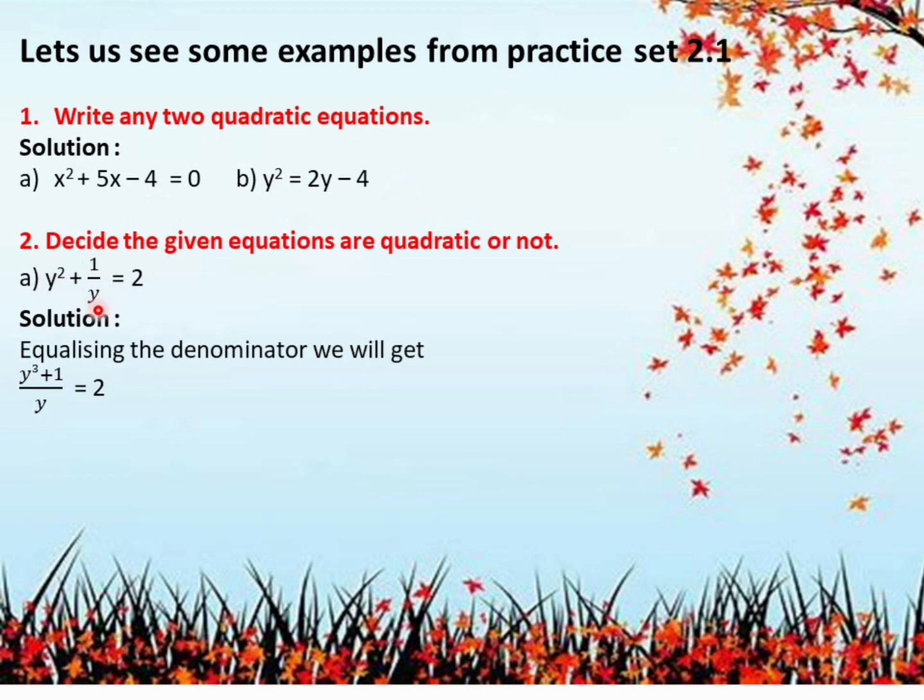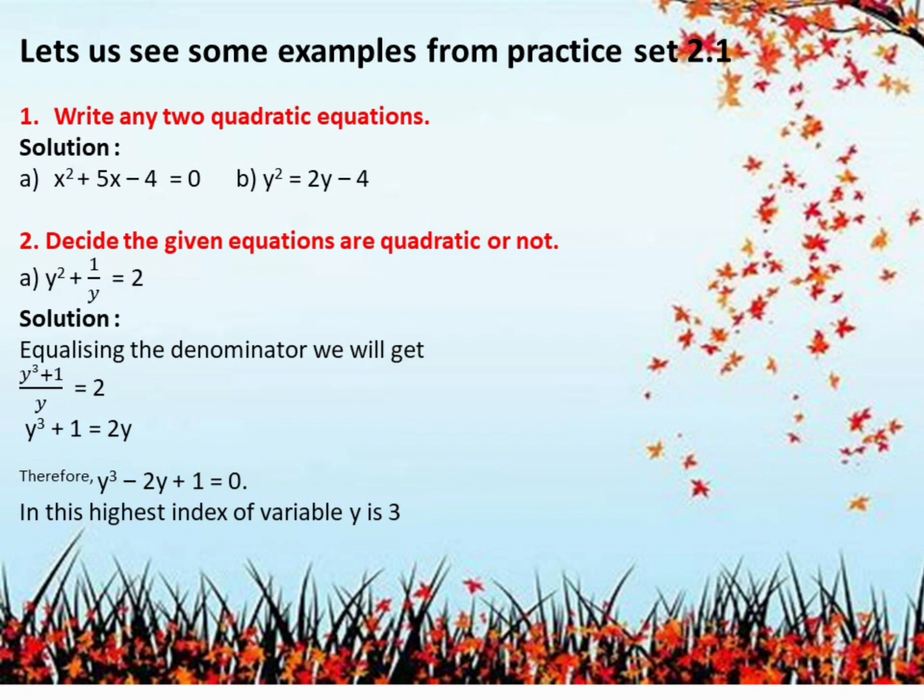Easily if you cross multiply, you will get y cube plus 1 is equal to 2y, which is nothing but y cube minus 2y plus 1 is equal to 0. Here you can see the index of the variable is 3, which is not 2. So the given equation is not a quadratic equation.